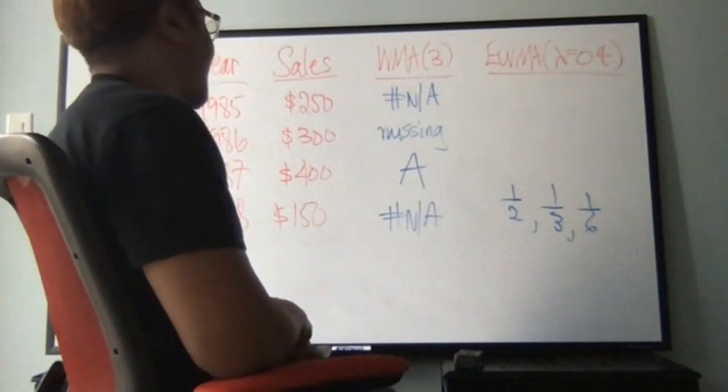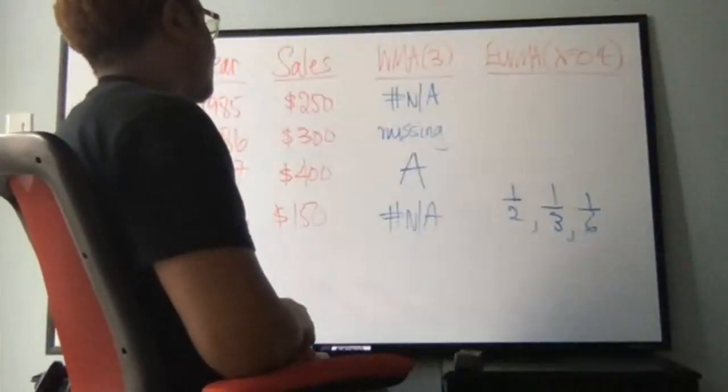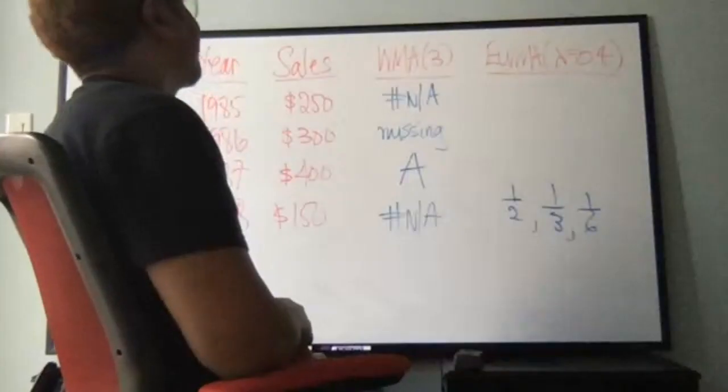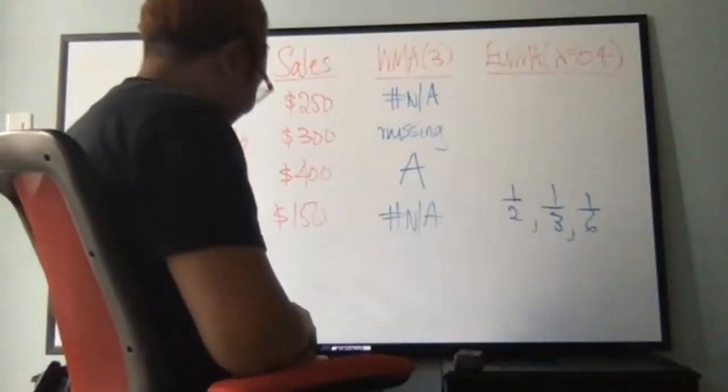What 3 values go with A? For A, it would be 150, 400, and 300. Okay, how do you know that? Because even though the one above it's missing, the range for that would be the first 3, and then you just go down 1. Exactly.